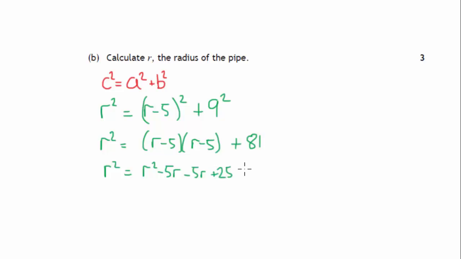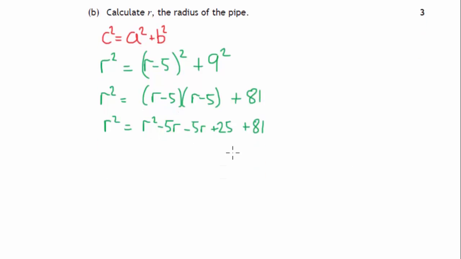Two minuses make a positive, and then you plus your 81. Collect all the like terms, so that's r squared, that's minus 10r, and plus, that's 106.